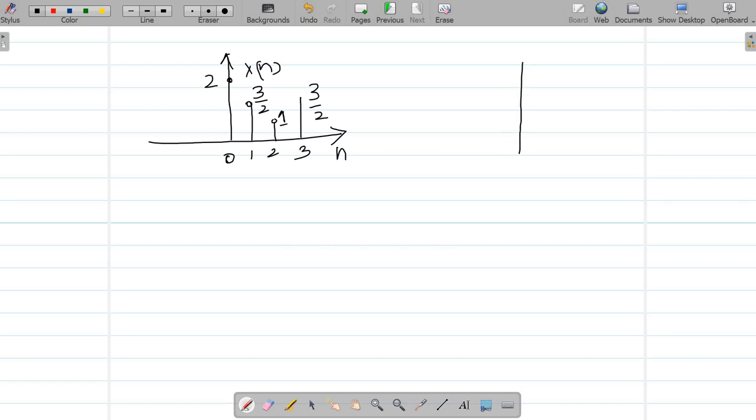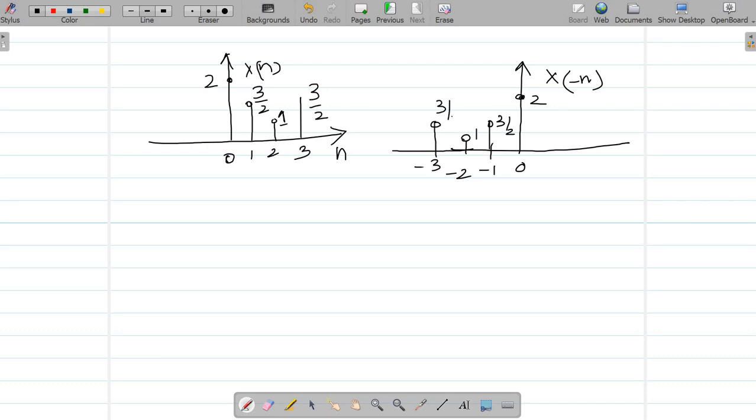Suppose I reflect it along the y-axis. After the time reversal operation, the value that I will get at n equal to 0, I will still have the sample value of 2, and at n equal to minus 1, I will be having 3 by 2, and at minus 2, I will be having 1, and at minus 3, I will be having 3 by 2.